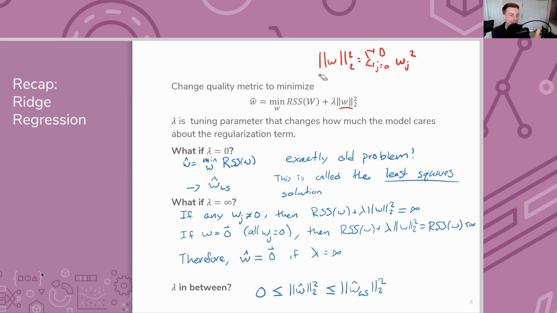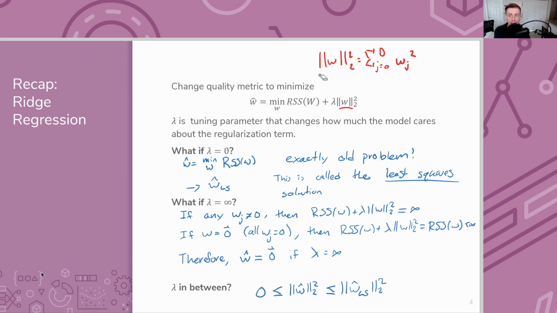And again, linear in terms of the features. You could still have this really complicated model learned if you're using features that are very complex, or polynomials. So in this case, when lambda is 0, the ridge regression model is just the same as least squares. You're just going to learn the exact same set of coefficients.